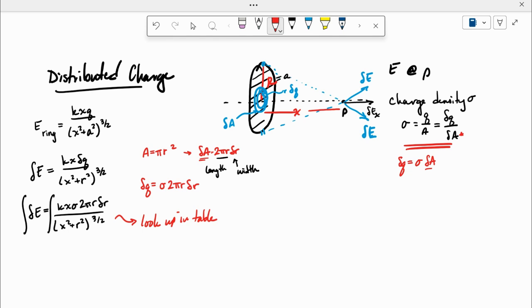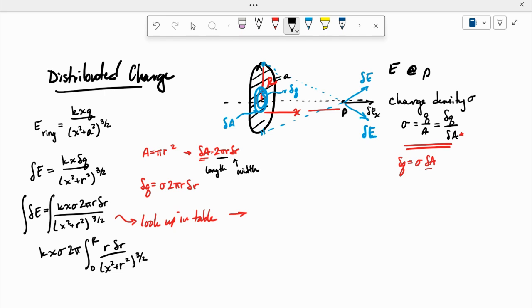So once you look this up, you basically see there's a format of, well, let's pull out all the constants first. So if we pull out all the constants, okay, x is a constant because it's a known distance away. Constant, integrating from 0 to r of r dr over this garbage.